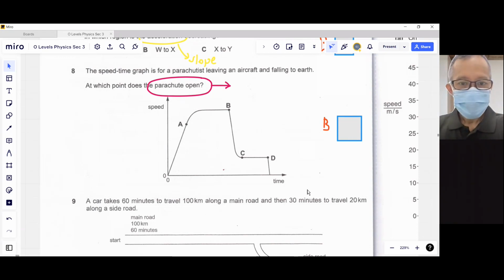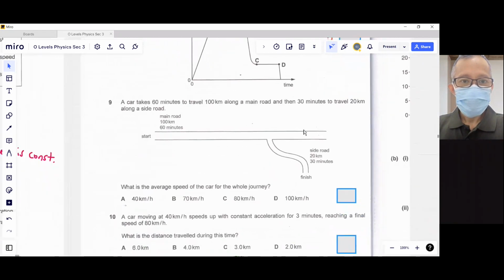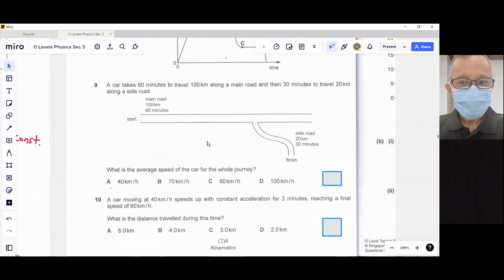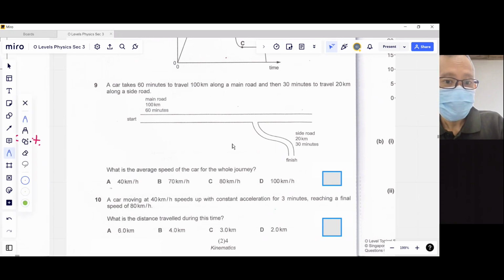No need. Okay. This one, 60 minutes, 100 kilometers, 30 minutes, 20 kilometers. Better get this right. Okay, this one you have to know. Remember average speed?